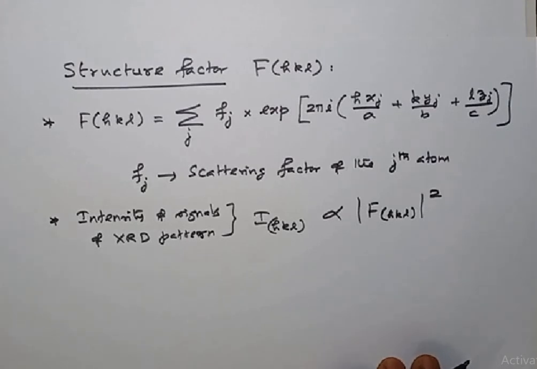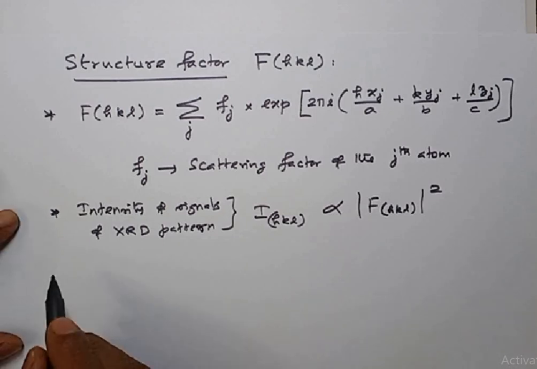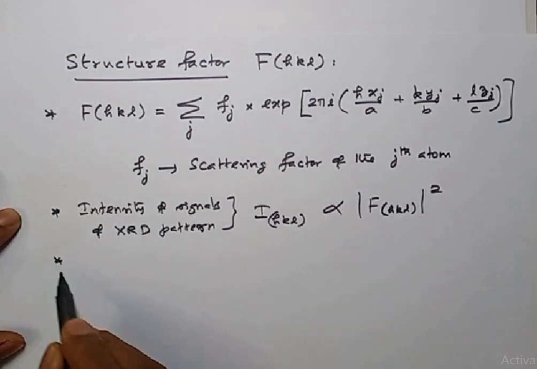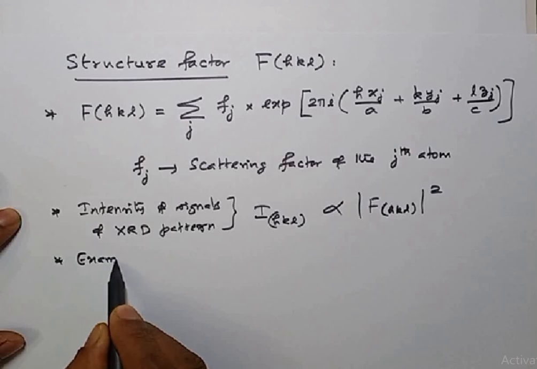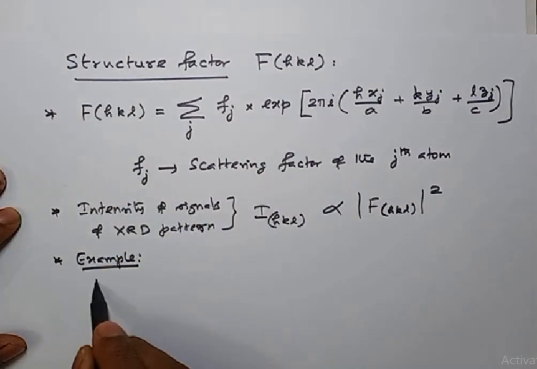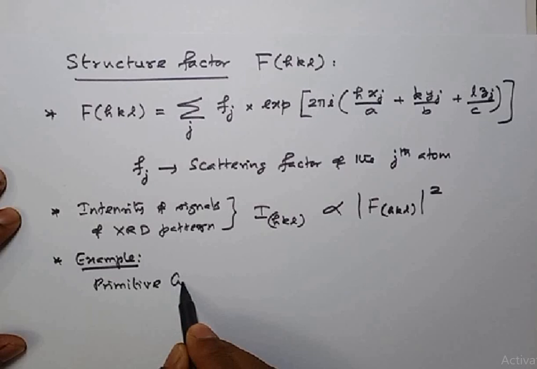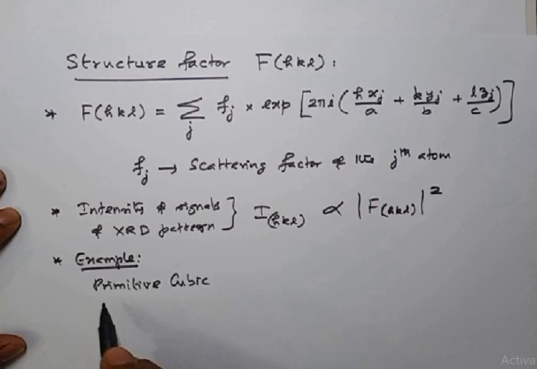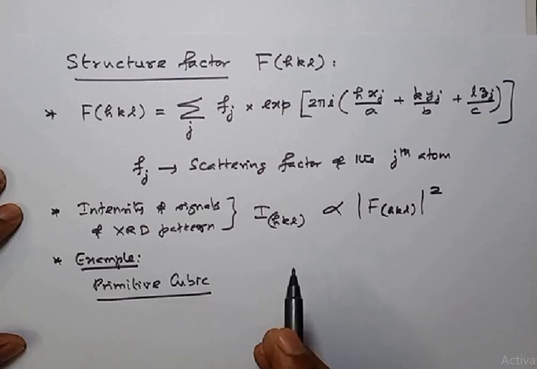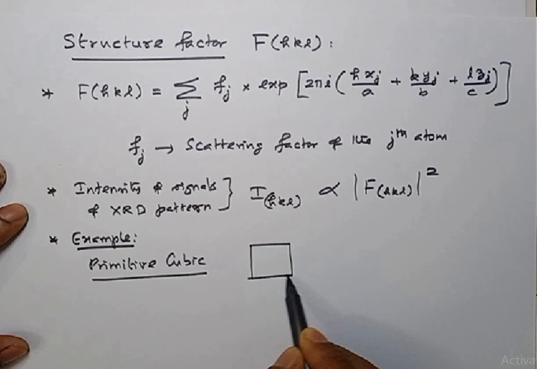Take down. So now let me take a simple example. I'll take an example here and show you how to find the structure factor. Let me take a primitive cubic, simple cubic crystal. In the primitive cubic, I'll take one cubic unit cell.